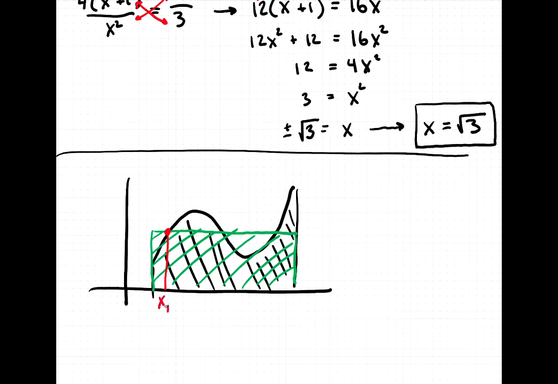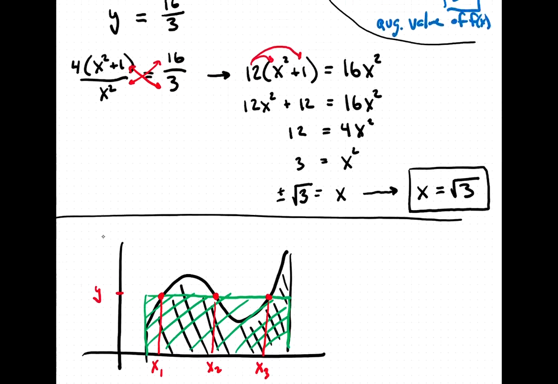We'll call it x1. There's an x value here whose y value is the height, x2, and we'll call this x3. So this is what it would look like visually in a case where you have more than one x value. There's only going to be one y value. There's only going to be one height of the rectangle, but there could be multiple x values associated with that y value. Okay, in this case there wasn't, there was just one, but that's it.